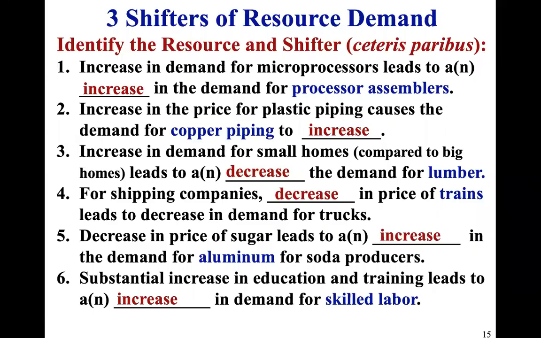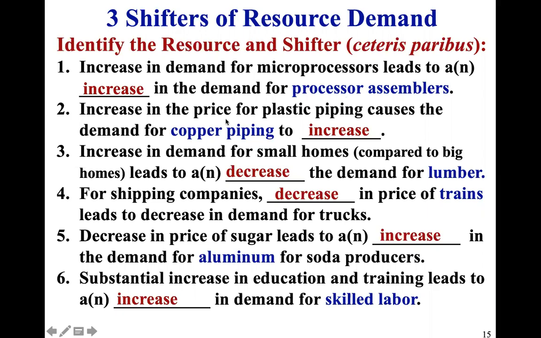So question 1, an increase in the demand for microprocessors leads to an increase in the demand for processor assemblers, because those assemblers are a resource in the product of microprocessors, right? So demand for microprocessors goes up, we demand those workers more.